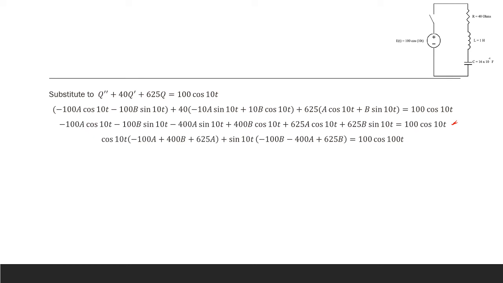We further simplify. Pag samasamahin natin lahat ng may cosine 10T, i-factor out natin sila, yung cosine 10T. Tapos pag samasamahin natin lahat ng may sine 10T, factor out natin sila.